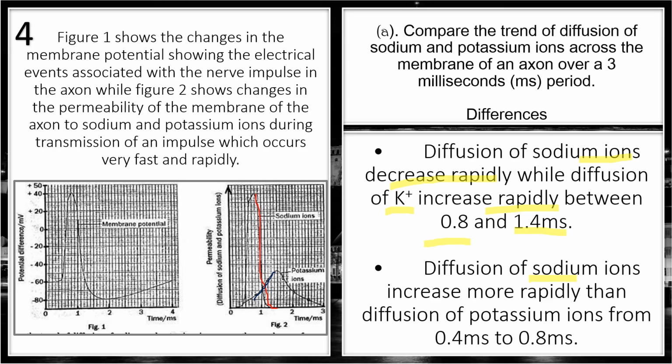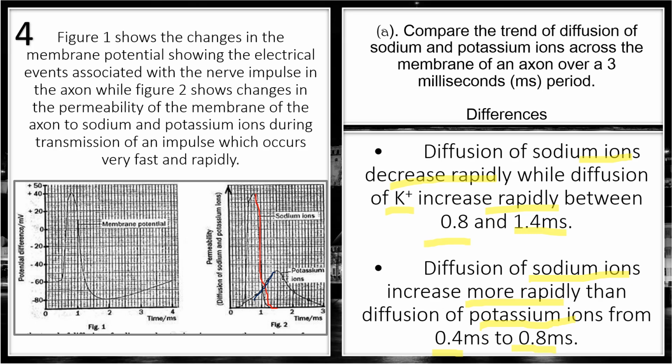The diffusion of sodium ions increases more rapidly, and the diffusion of potassium ions increases slowly, from 0.4 to 0.8.